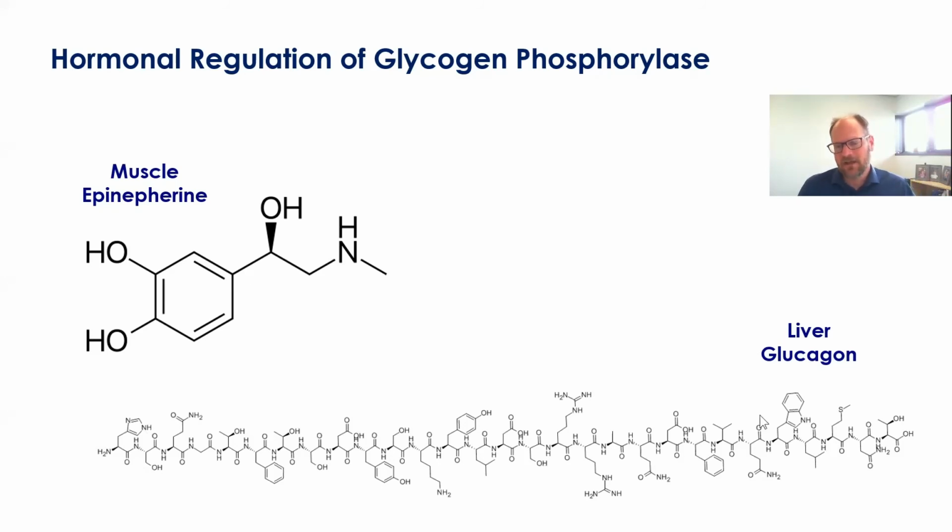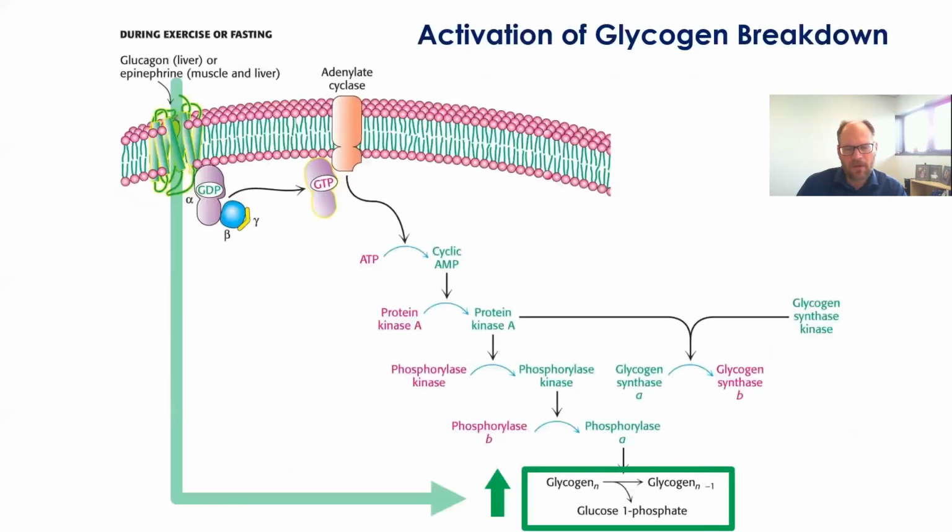Similarly, in the liver, there are states where the liver cell itself might have plenty of energy, but the body is depleted in glucose. And so the body needs to tell the liver via glucagon to secrete glucose via glycogenolysis and gluconeogenesis. This signal is passed to the body via these glucagon and epinephrine receptors.